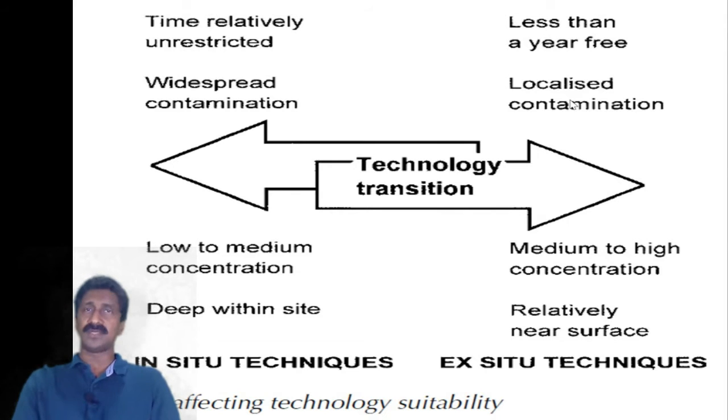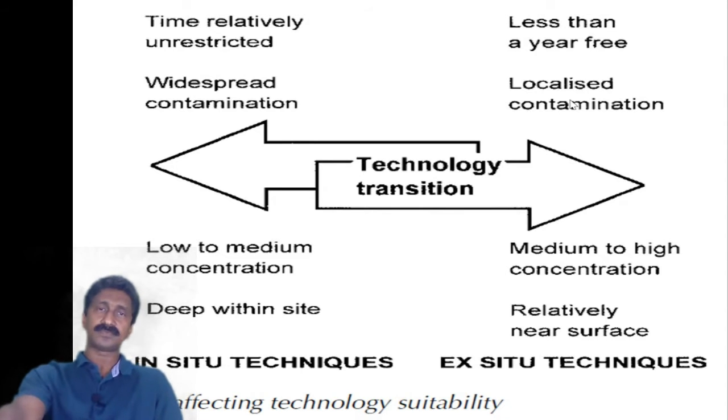So that is the choice of the treatment method. You have to decide whether it is a very short, heavily contaminated or highly concentrated contaminant, or a steady supply of low concentration contaminants for a longer period. Then you can decide which technique, in situ or ex situ, to be used for the treatment.